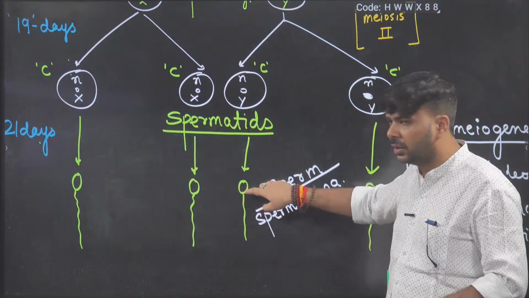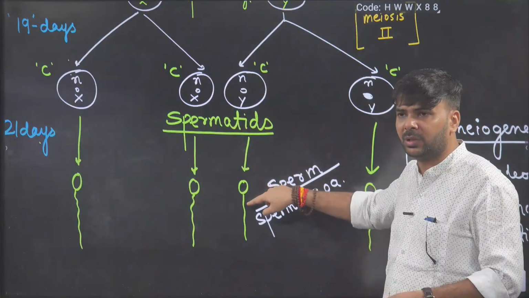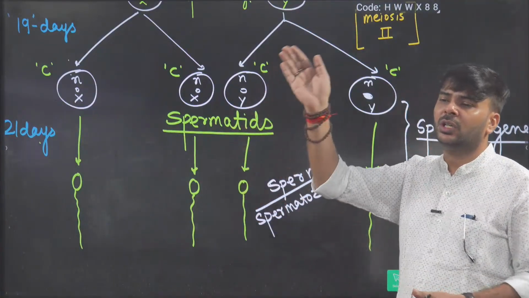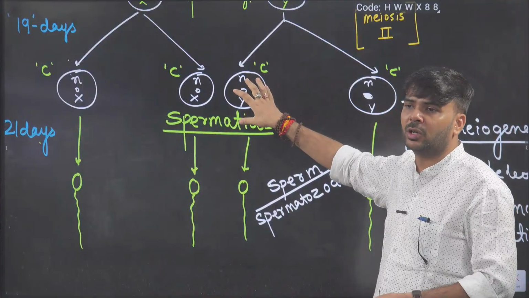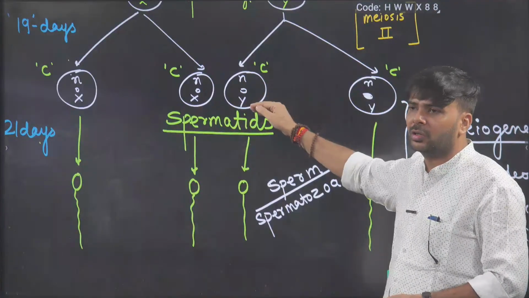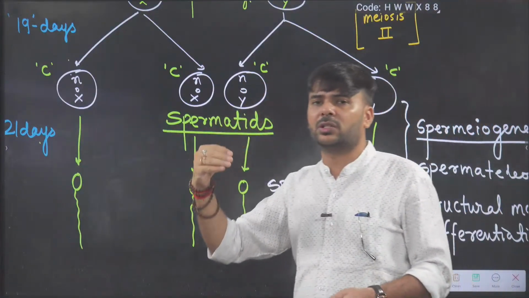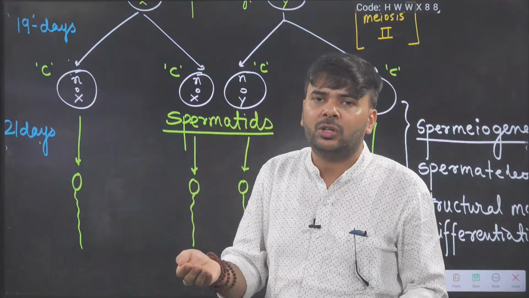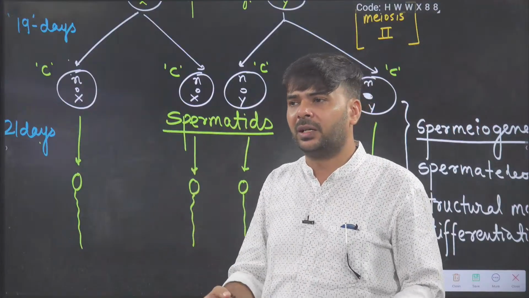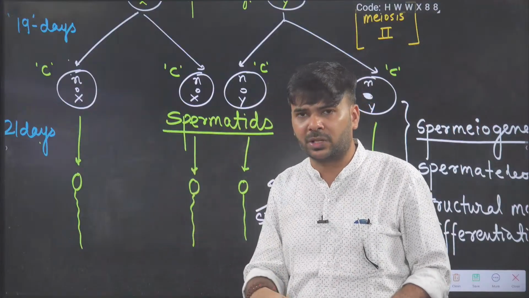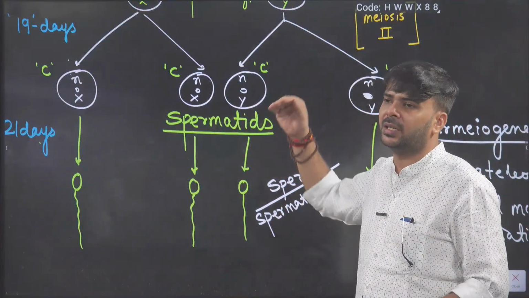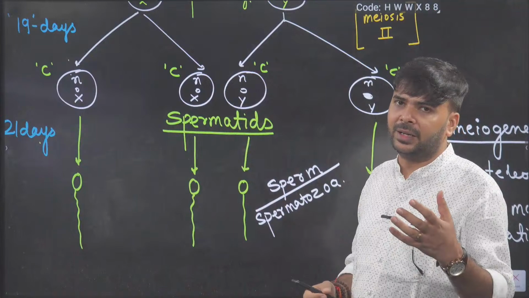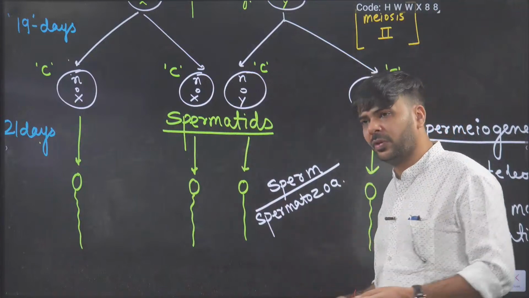So this is the real male gamete, which is going to fertilize the female gamete. The spermatid is a large cell with a large amount of cytoplasm, so it is not capable of swimming. It needs to be modified, and it is modified in the male reproductive system only. After modification, this is the sperm. It swims and reaches its destination for fertilization.